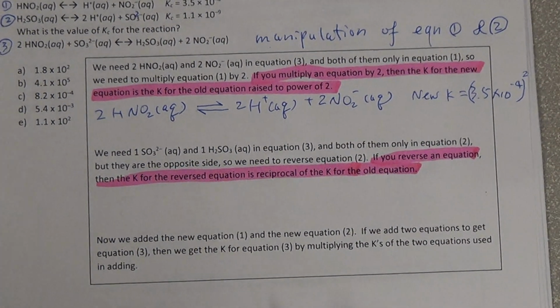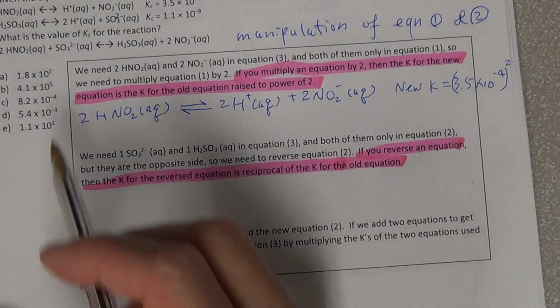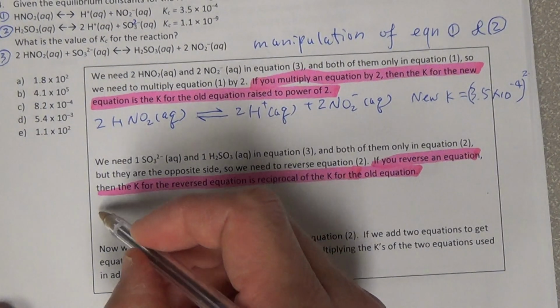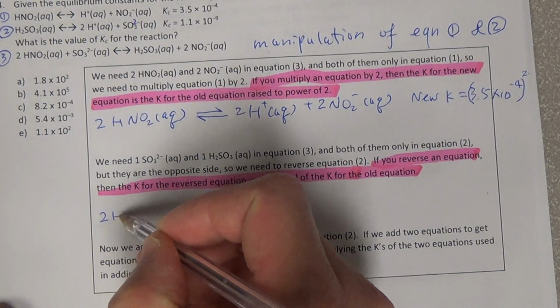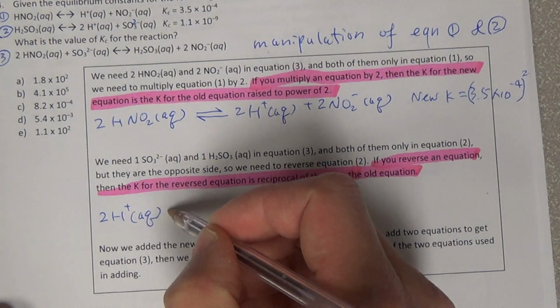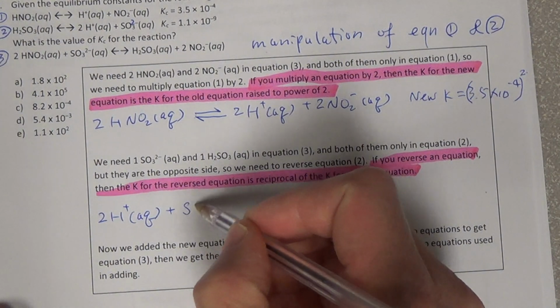Okay, so let's use this example to see what this really means. Let's first reverse this equation 2, which means you write those products in equation 2 as reactants in the reversed equation of equation 2.